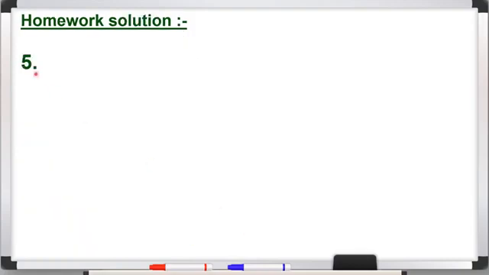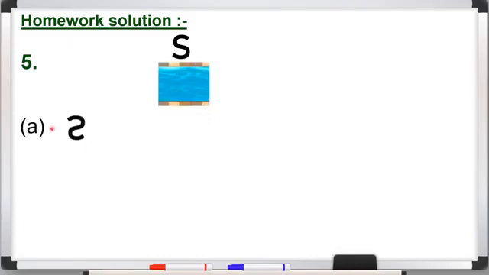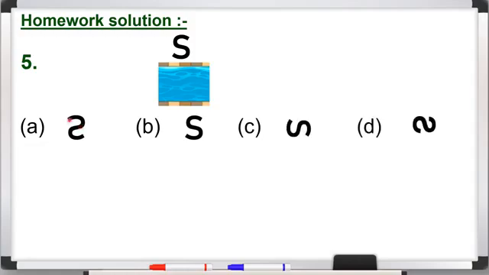Now question number 5. Here it is given alphabet S and this is the water. Now we have to see what are the options given. A like this, B like this, C like this, and D like this. Now we have to see which option is correct. So solution.